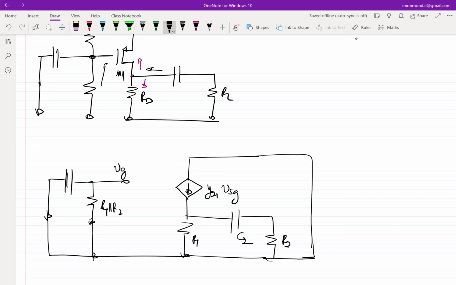Okay, so what is source? Source is grounded. So this becomes Y21 times minus VG. What is VG?